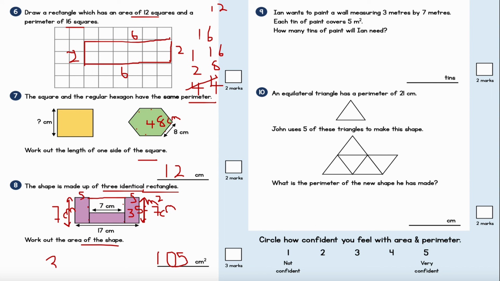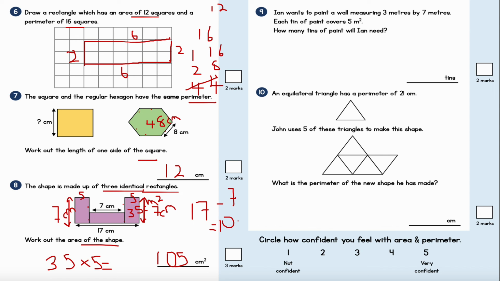Okay, 35 times 3. If you're unsure where 35 has come from, I said that this whole length is 17. That's going to be 7. That length and that length are equidistant. Okay, so 17 take away the 7, I get 10, and then if I divide that by 2, I get the answer of 5.